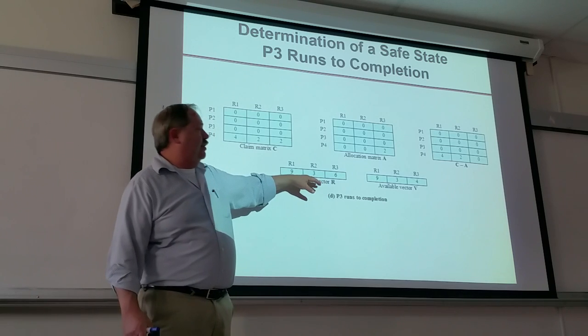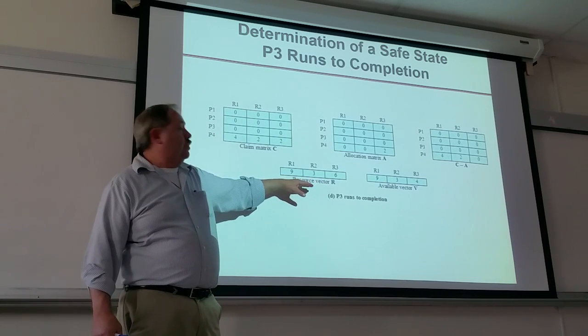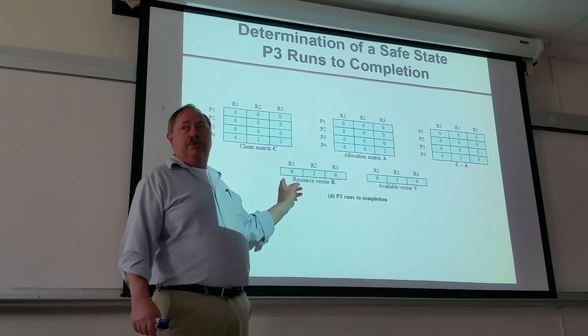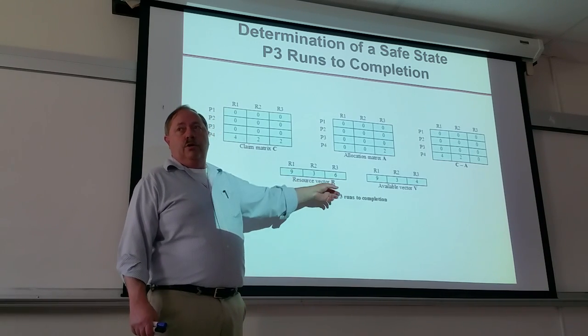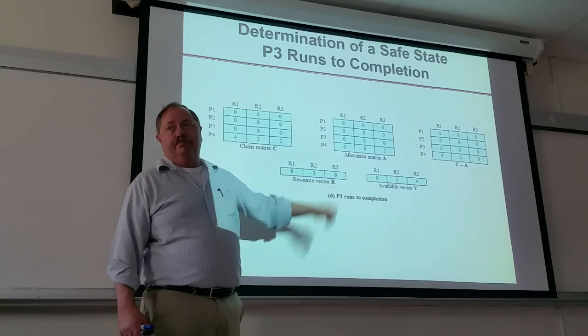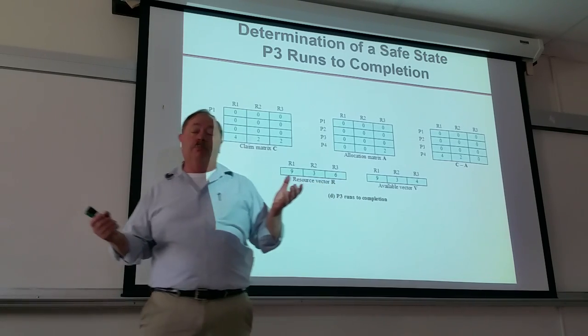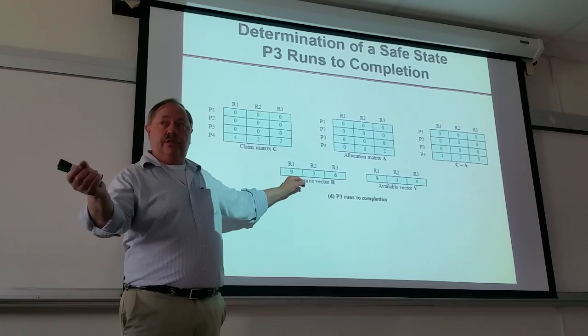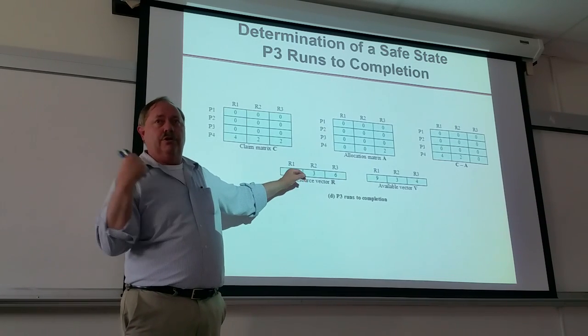Okay, so when the operating system starts up, it knows how many of each of these kinds of resources it has. And it will populate this array with those numbers when it starts up. Of course, now today with plug-and-play devices, it will update this every time one is inserted or taken away.